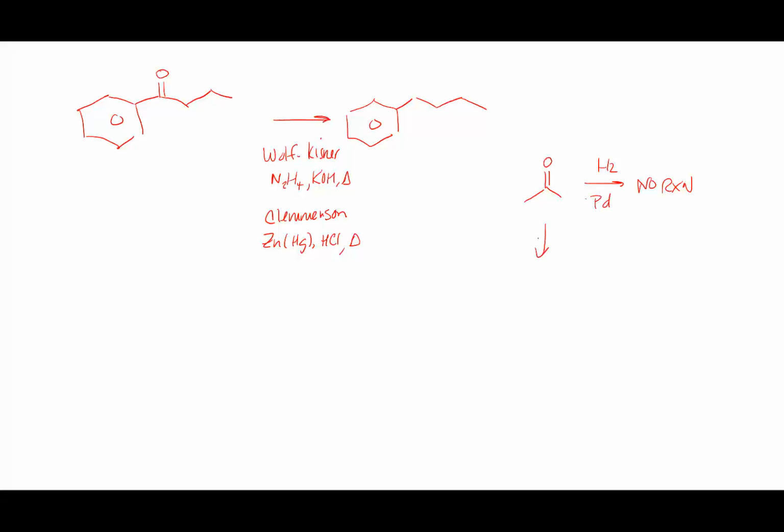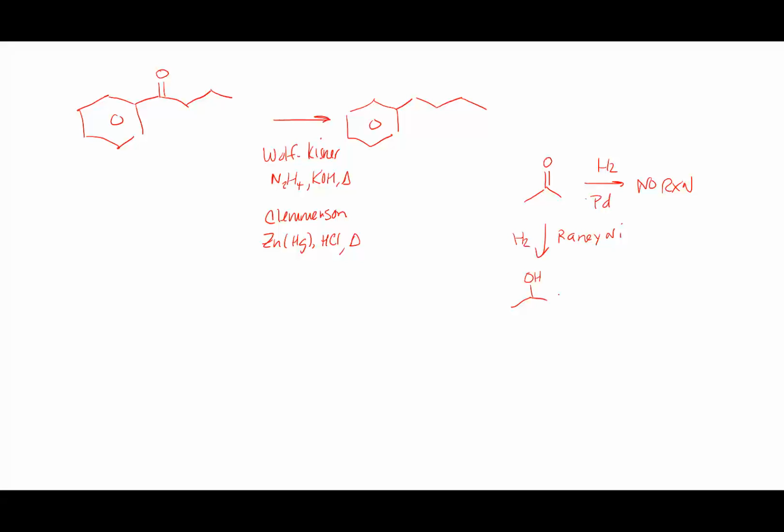Now, I could do H2 and Raney nickel. And what would that give me? I'm adding 2 hydrogens across the carbon-oxygen double bond. So what functional group am I going to make? An alcohol.